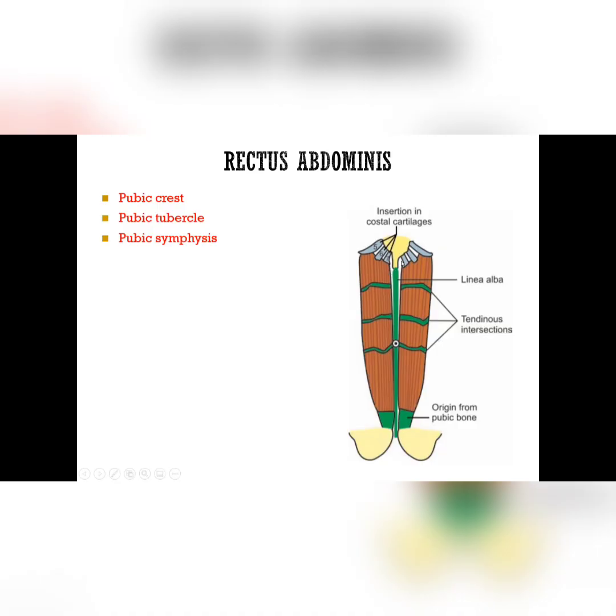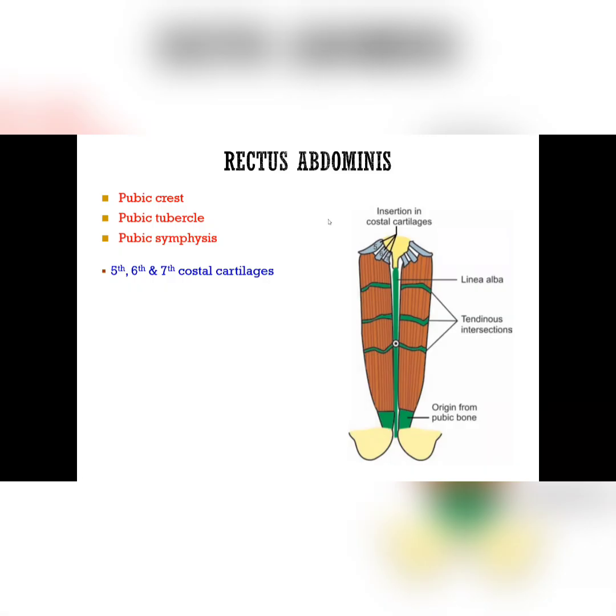And what about the insertion? Based on this diagram, can you tell me the insertion up here? Just guess the insertion of rectus abdominis muscle. Costal cartilage. Good. Yes, you have to name the costal cartilage. It's the 5th, 6th, and 7th costal cartilage.